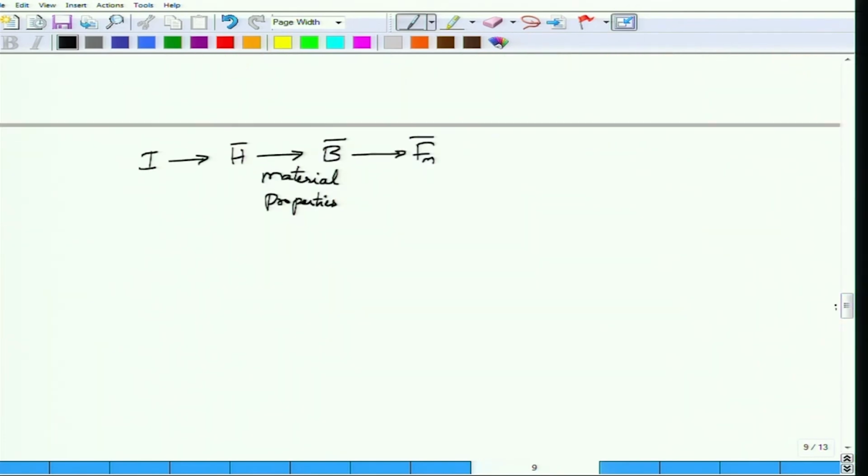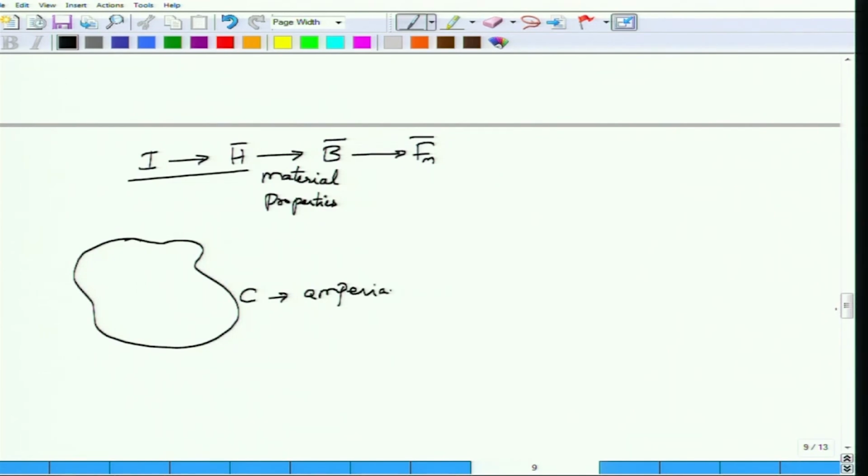In that spirit, we want to introduce H and find out the relationship between H and I. In a series of experiments, the engineer Ampere showed that if you take a closed path, now sometimes called an Amperian loop or Amperian path, in honor of Ampere, and you calculate the line integral of the magnetic field H around this closed curve C, you will find that this would be equal to the total current that is enclosed.